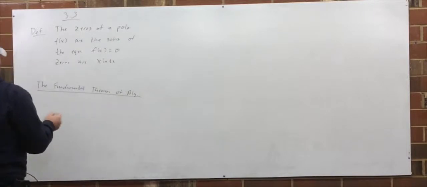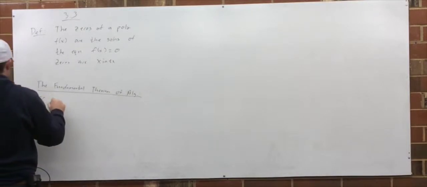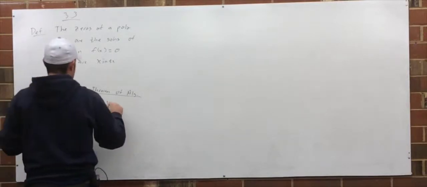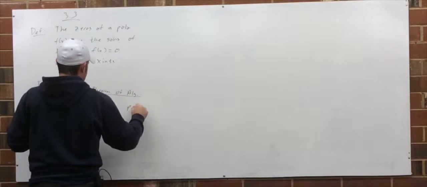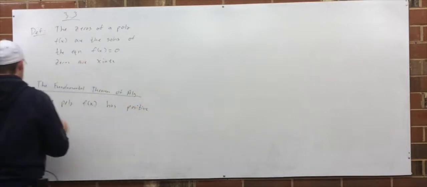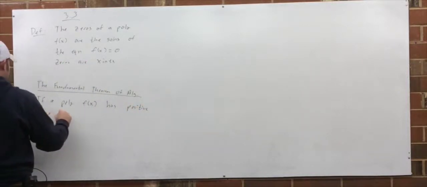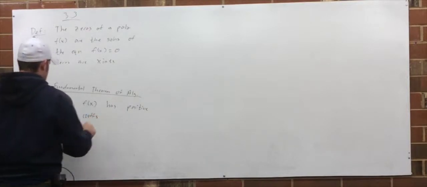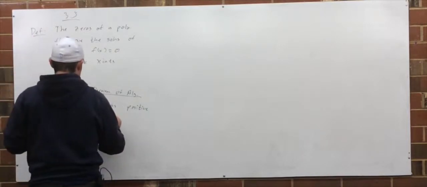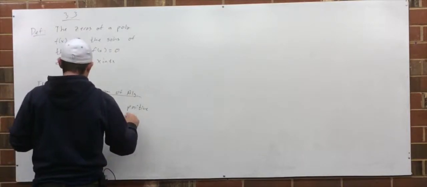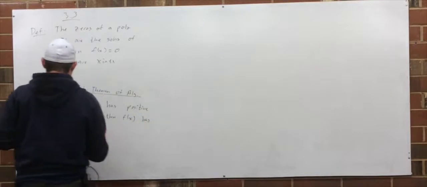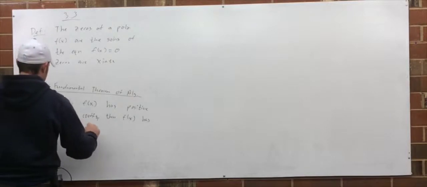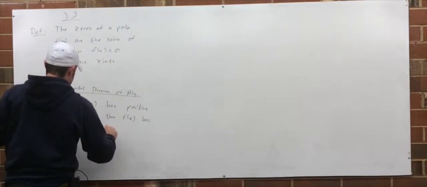Alright, it states, this is also in your book: if a polynomial f of x has a positive degree and complex coefficients, then f of x has at least one complex 0.